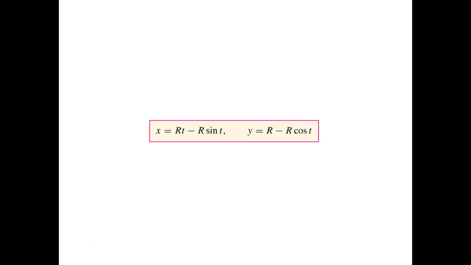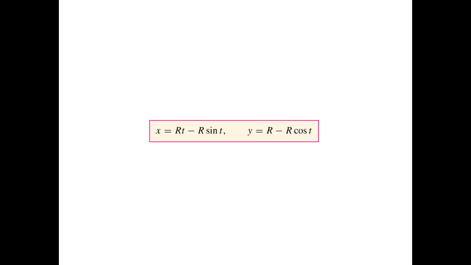this is hard to describe without a picture, but I can't show the picture of this at the same time. This is where we get into our arc length. Okay? Remember, the equation for arc length is r theta, where r is the radius. Now before, r was 1. So the theta, that's t in this problem. So rt would be how far the arc is, minus then r sine t, just like we saw before.